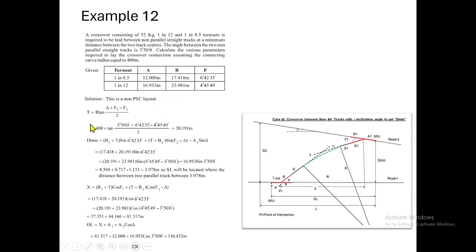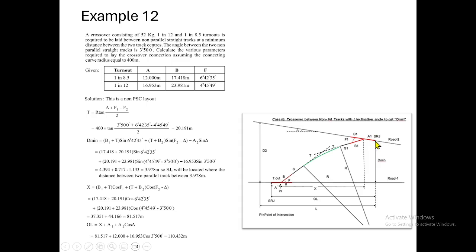So we are now finding T equal to R tan delta plus F1 minus F divided by 2. Using the relation we are finding the tangent length. R we are substituting as 400, and substituting the other values, we get a tangent length equal to 20.191 meter. The D minimum we are finding using the second equation, D minimum equal to the sine formula, from here to here, minus this height, A2 sine delta.